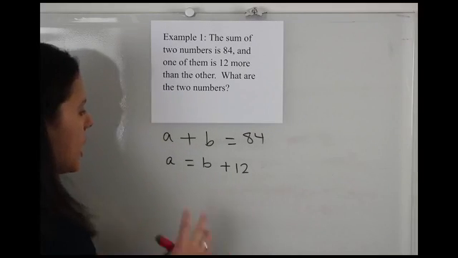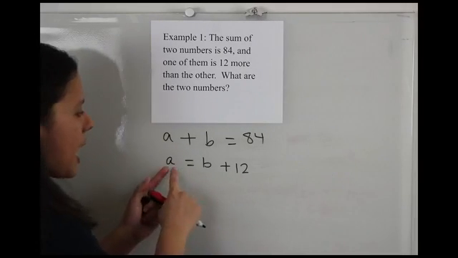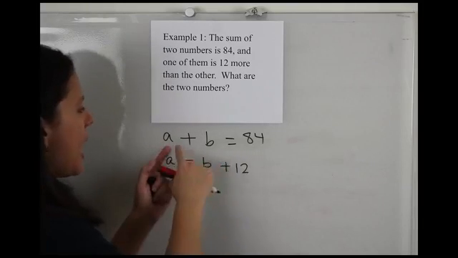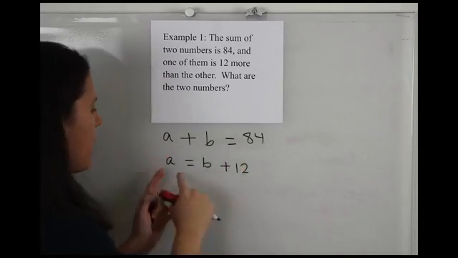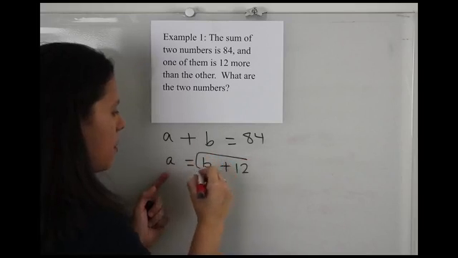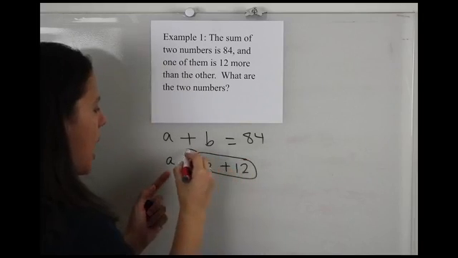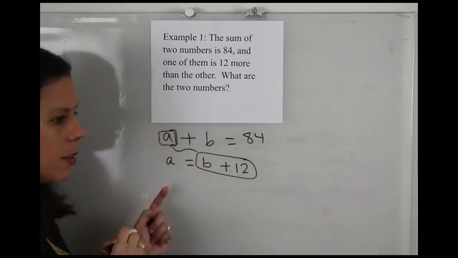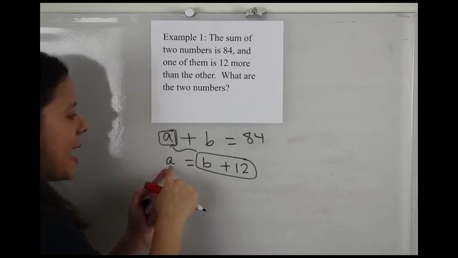All right, so how do I solve this? Well, very easy. If A is equal to B plus 12 and A plus B is equal to 84, but I know that A is B plus 12, I can substitute that A for B plus 12, because they're telling me that that's what A is.